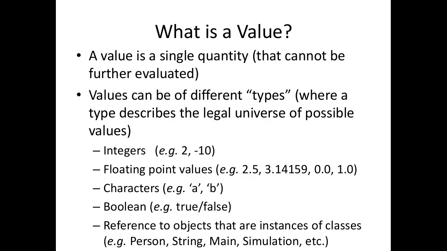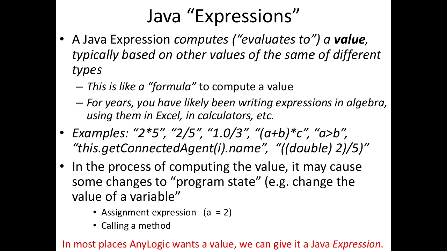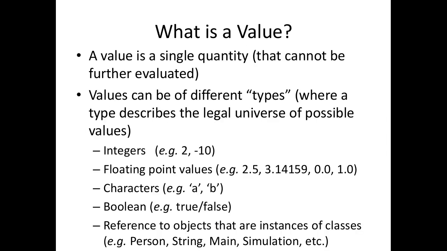It could be a reference, in short, to many different types of things. So these are values. Values are used, they're printed out, they're stored away in a spreadsheet, they are set to be the value of some variable or what have you. They're very basic sort of atoms of computation.